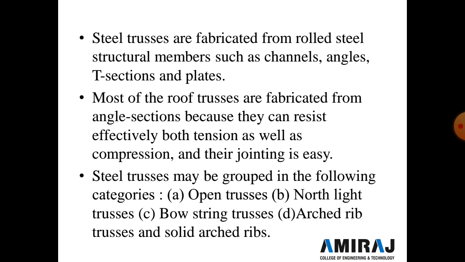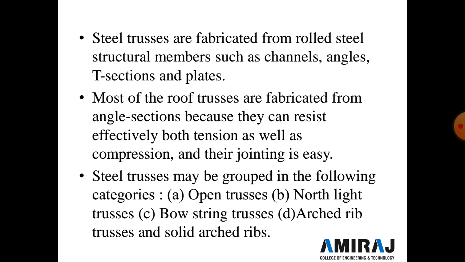Steel trusses are fabricated from rolled steel structural members such as channel, angle, T section, H section, C section or plates. Most roof trusses are fabricated from angle sections because they resist both tension as well as compression effectively, and their joints are easy.